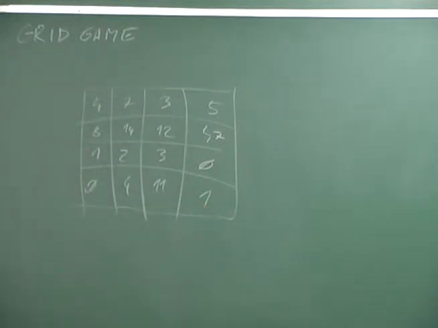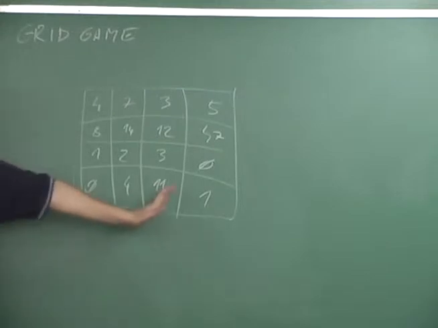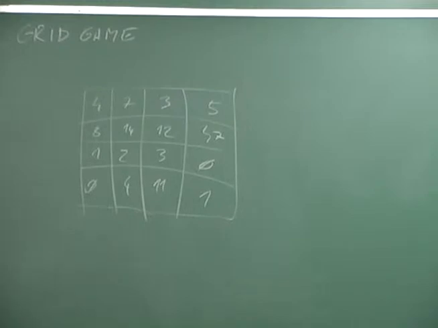And now the players are alternately playing a game in which one of them always picks a row and the other one always picks a column, and the intersection is what matters, right?